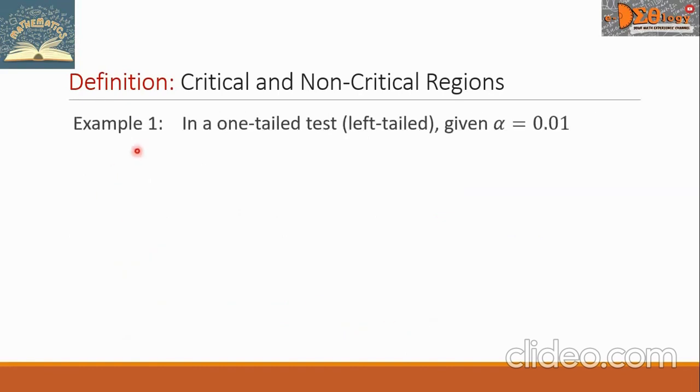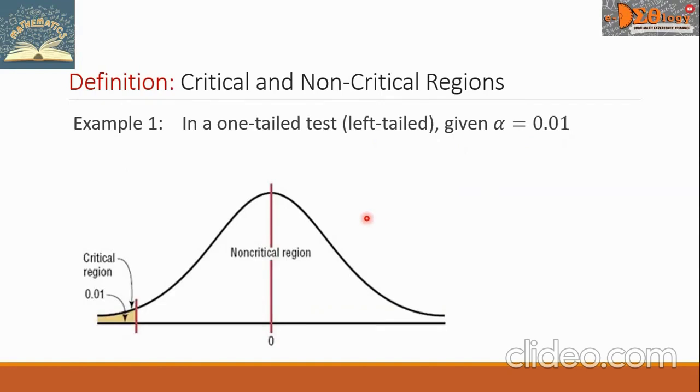Let us see example 1. In a one-tailed test, say left-tailed, given alpha equals 0.01. This is the figure corresponding to the one-tailed test, and that is a left-tailed.